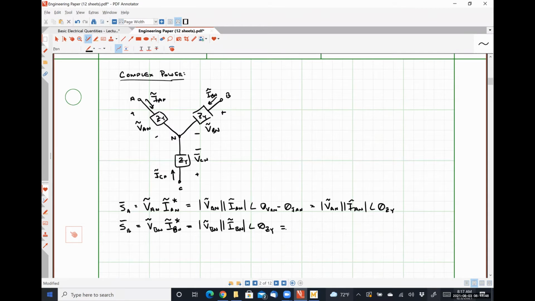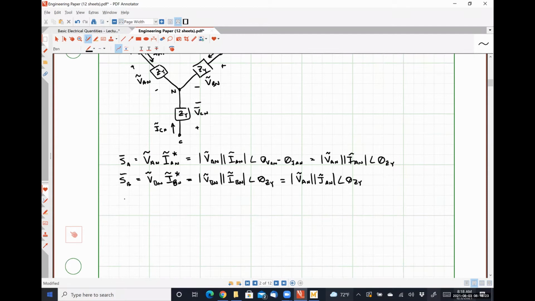And since I know that in a balanced three-phase system, the magnitude of the voltages across the load have to be the same, and the magnitude of the phase currents have to be the same, I could express this as the magnitude of VAN times the magnitude of IAN with an angle of theta ZY as well. And so it should stand to reason that the complex power absorbed by the C phase is going to be the exact same thing. So VCN times ICN conjugate looks like the magnitude of VAN times the magnitude of IAN with an angle of theta ZY.